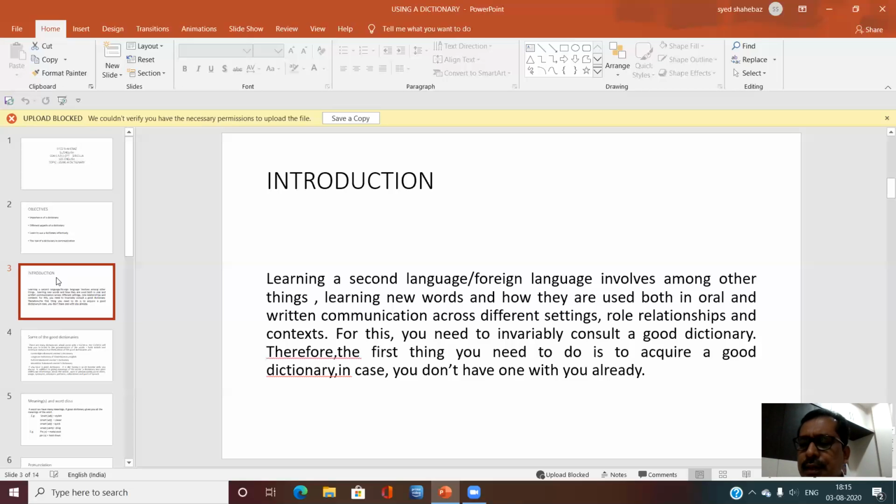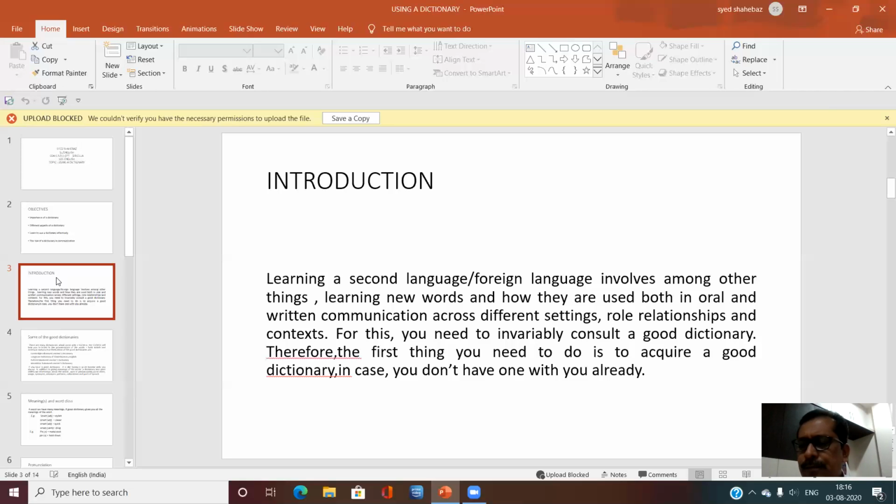So, a dictionary plays a very vital, very important role in this way. Therefore, the first thing you need to do is to acquire a good dictionary. As a student, every student must possess a good dictionary.